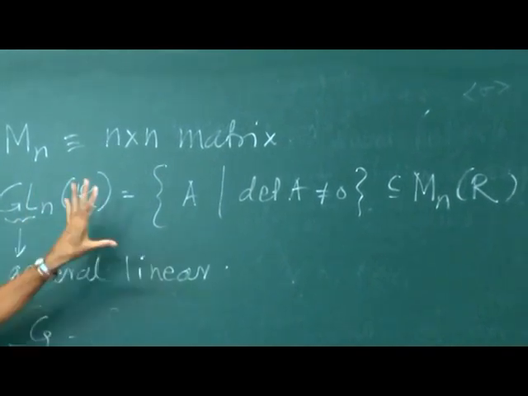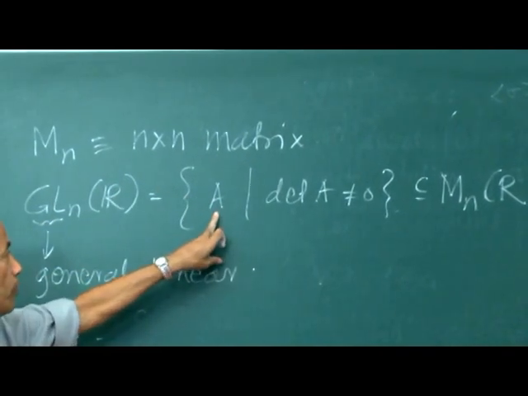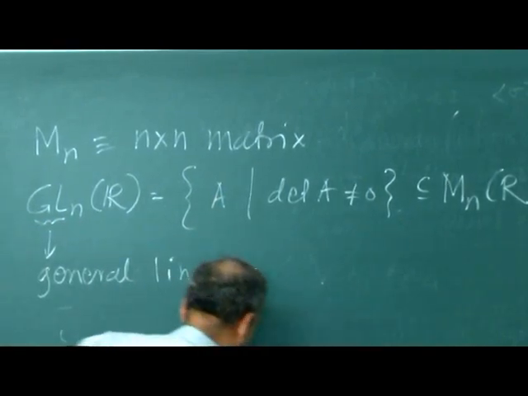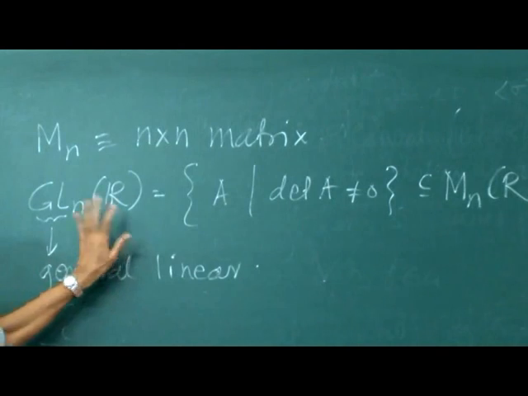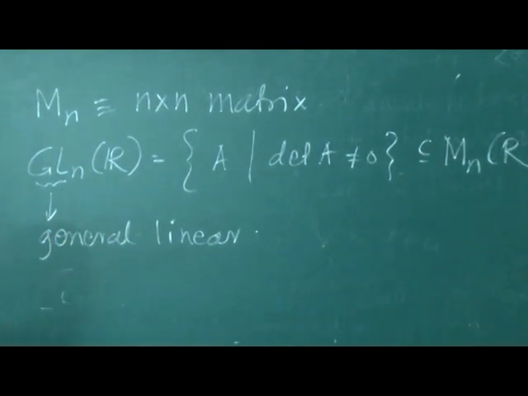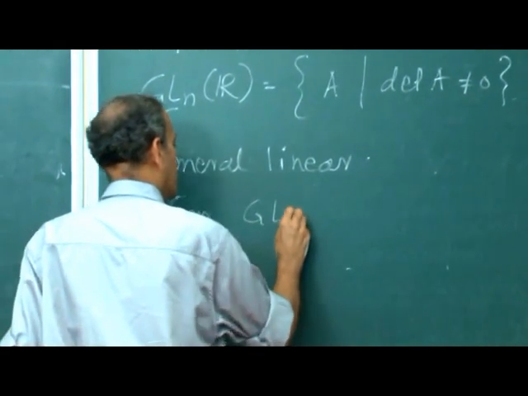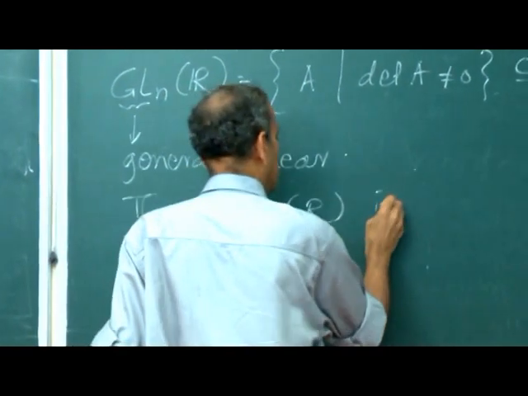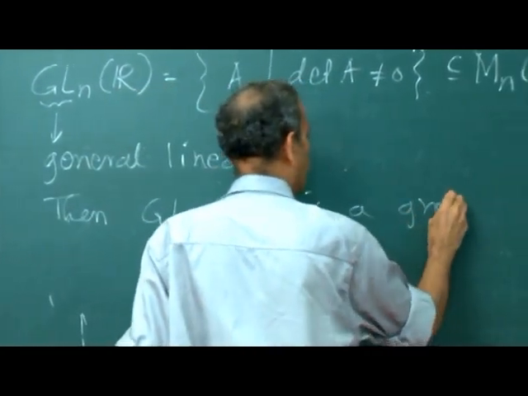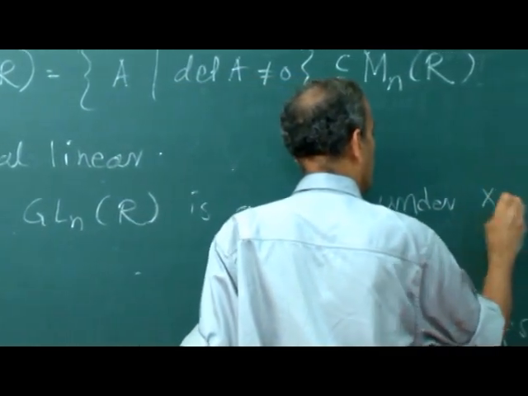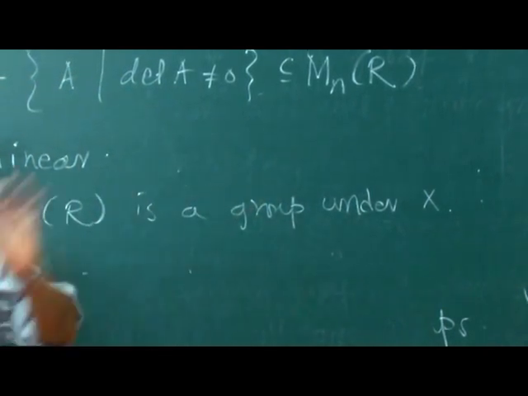It means all possible non-zero determinant matrices are there, with entries in R. So this is the set of all real matrices with non-zero determinant. Then you can check this is a group under multiplication of matrices.